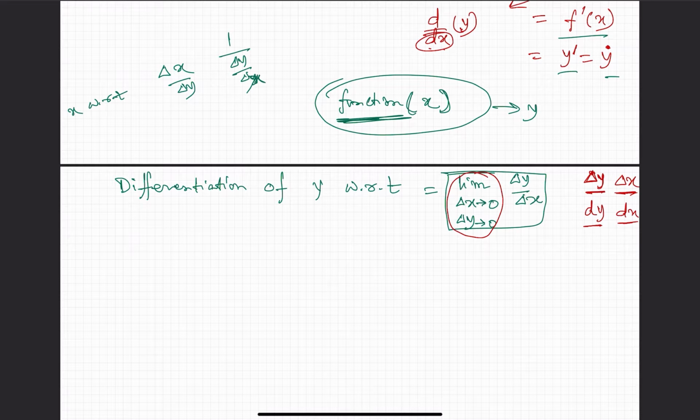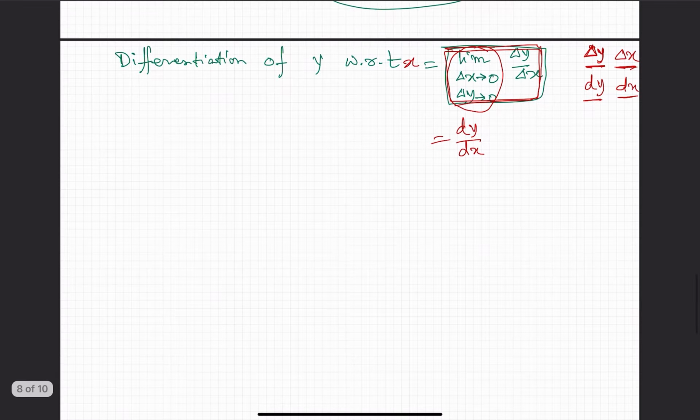So this is the differentiation of y with respect to x, the notation which is denoted by dy dx. Now before we solve any problems, there is the first thing that we can differentiate.